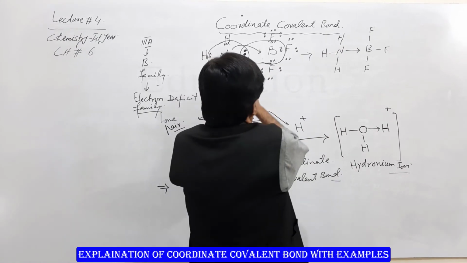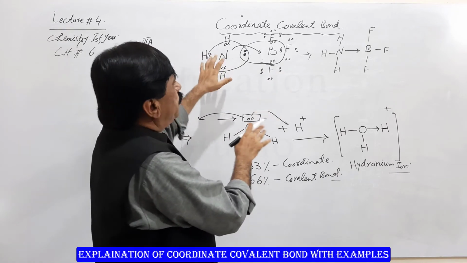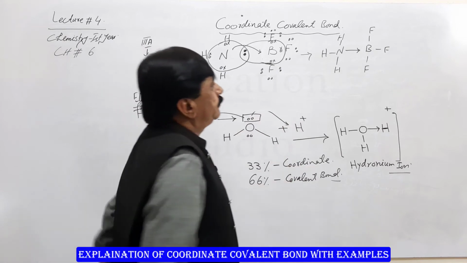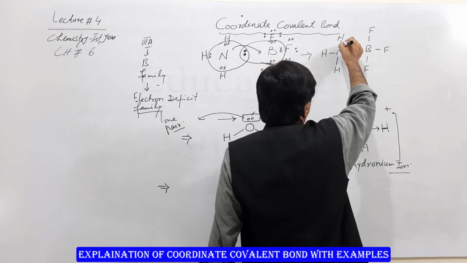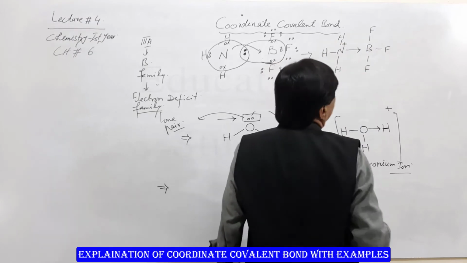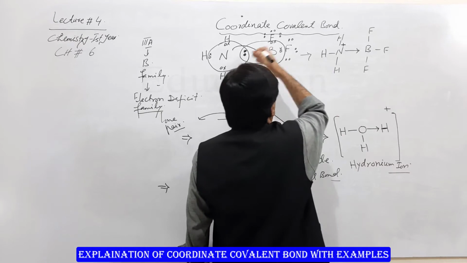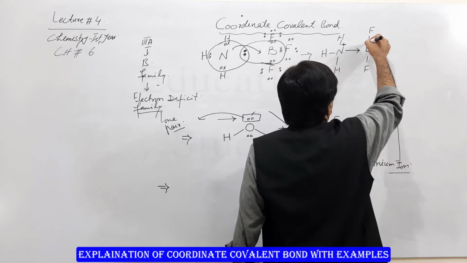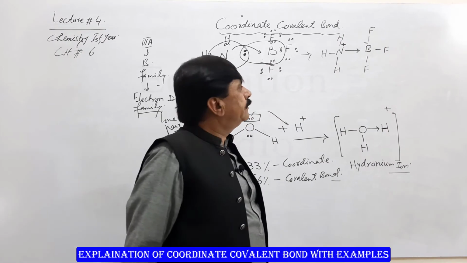As the electron pair from the octet of the nitrogen is slightly shifted towards the boron, a positive charge appears on the nitrogen, and the influence of that electron pair appears on the boron, which causes a negative charge on the boron.